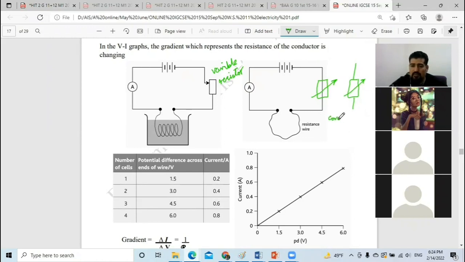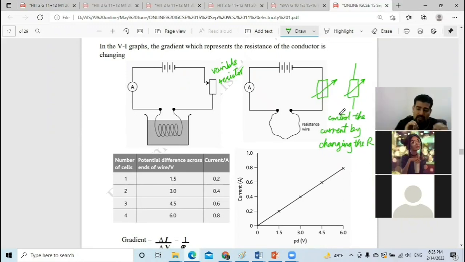It controls the current by changing the resistance. We're going to talk about that in detail later on. I'm giving you small information here and there, then we build up the whole picture of the electric circuit.